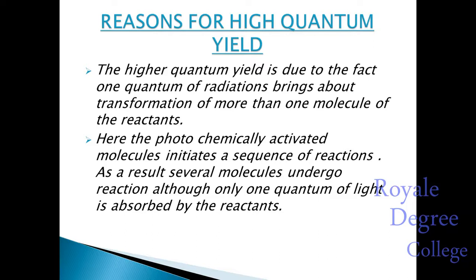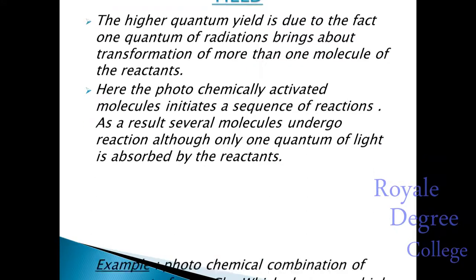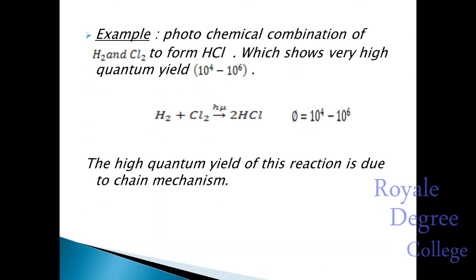As a result, several molecules undergo reaction, although only one quantum of light is absorbed by the reactants. Example, we'll see here the photochemical combination of hydrogen and chlorine molecule to form hydrochloric acid, which shows very high quantum yield. How much quantum yield is it showing? 10 to the power 4 to 10 to the power 6.